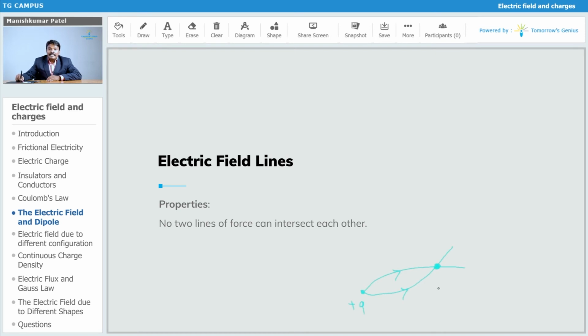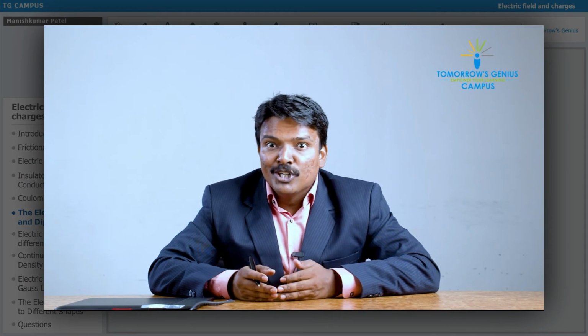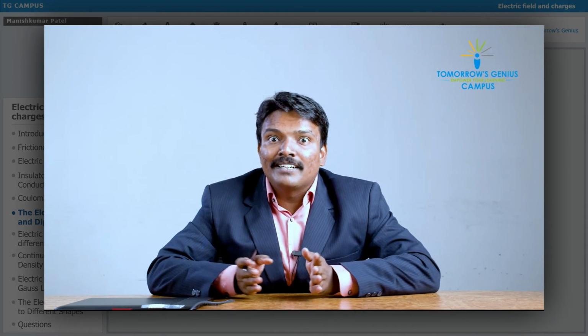Now to determine its direction, what will I do? I will draw the tangent. So at a single point, I am now getting two tangents, meaning at the same time I am moving in two different directions. Is it possible? No, it is not possible. It is not possible for me to move in two directions at a time.